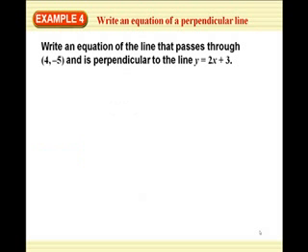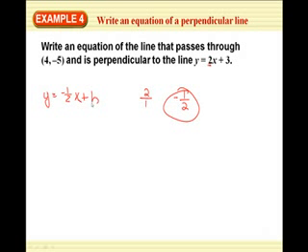Write an equation of a line that passes through (4, -5) and is perpendicular to the line. All right, so remember, perpendicular, we need the negative reciprocal. So if this one is 2, the negative reciprocal of 2 is -1/2. So that's the slope we need to use. So y equals -1/2 x plus b.